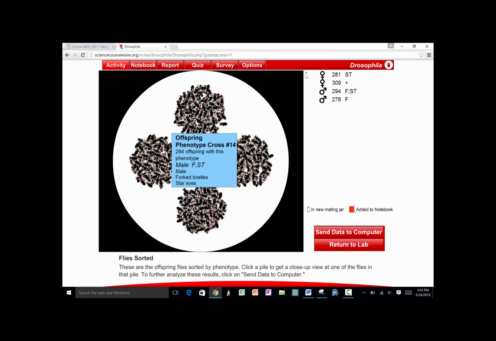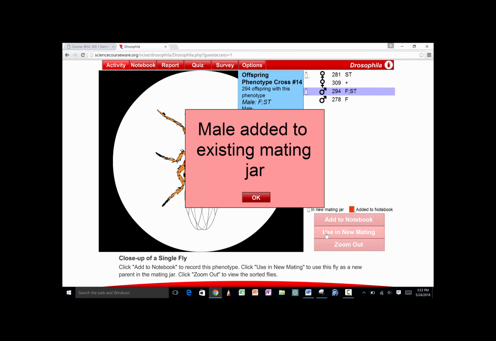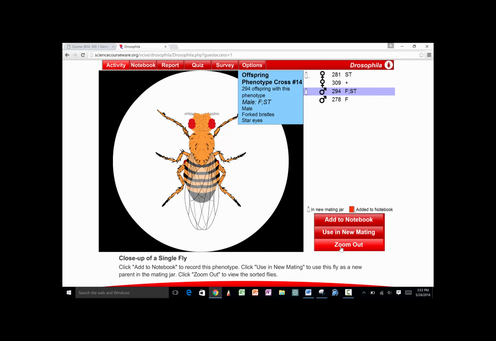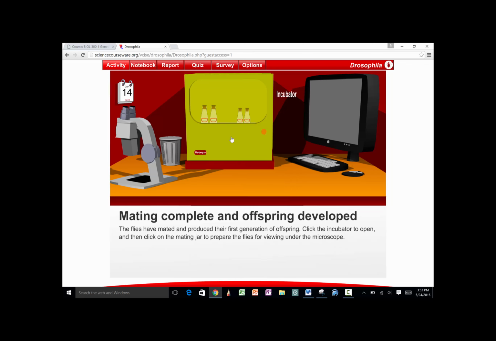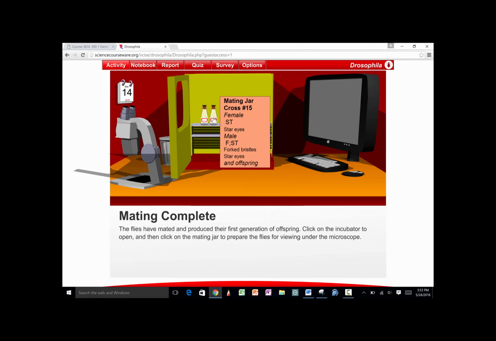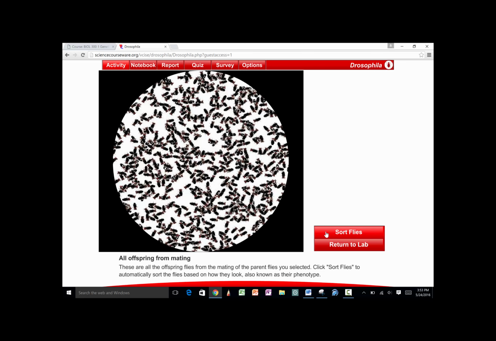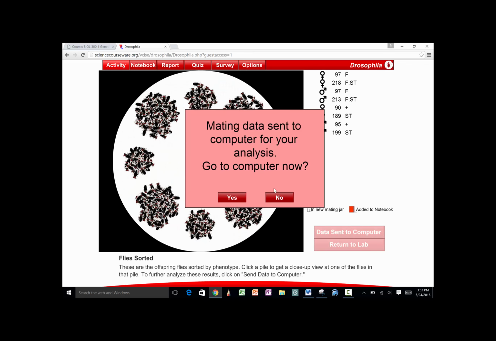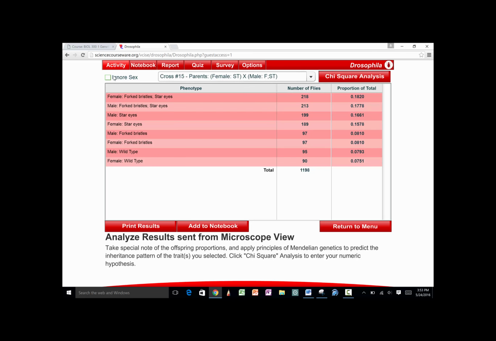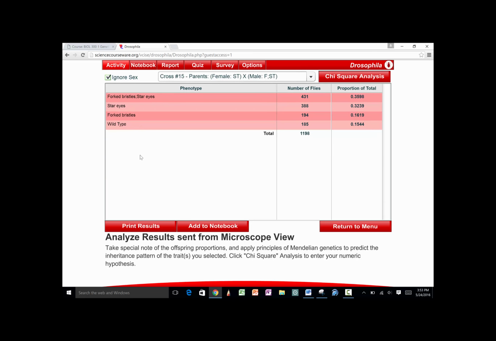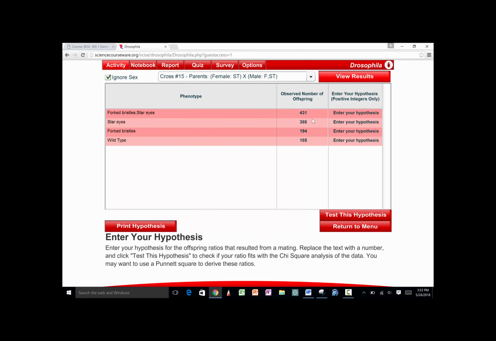And a star male. All right, that looks better. I messed something up last time.